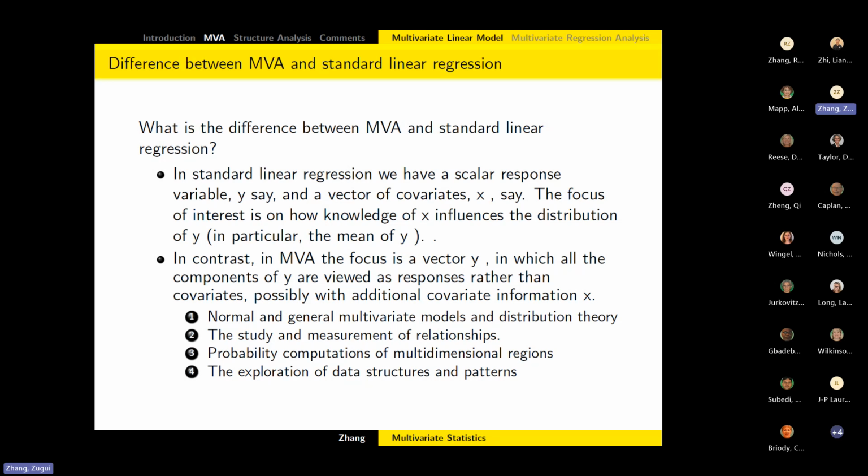So we will require the normal and the general multivariate model and distribution theory, to study measurements of relations, probability computation of multidimensional regions, and the explanation of data structure and patterns.